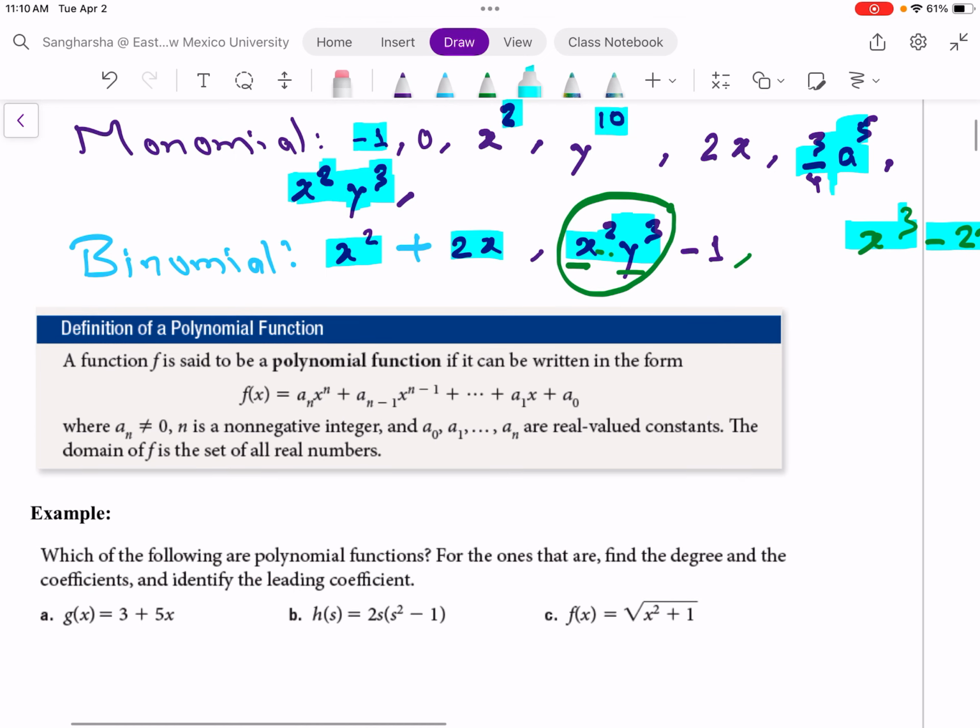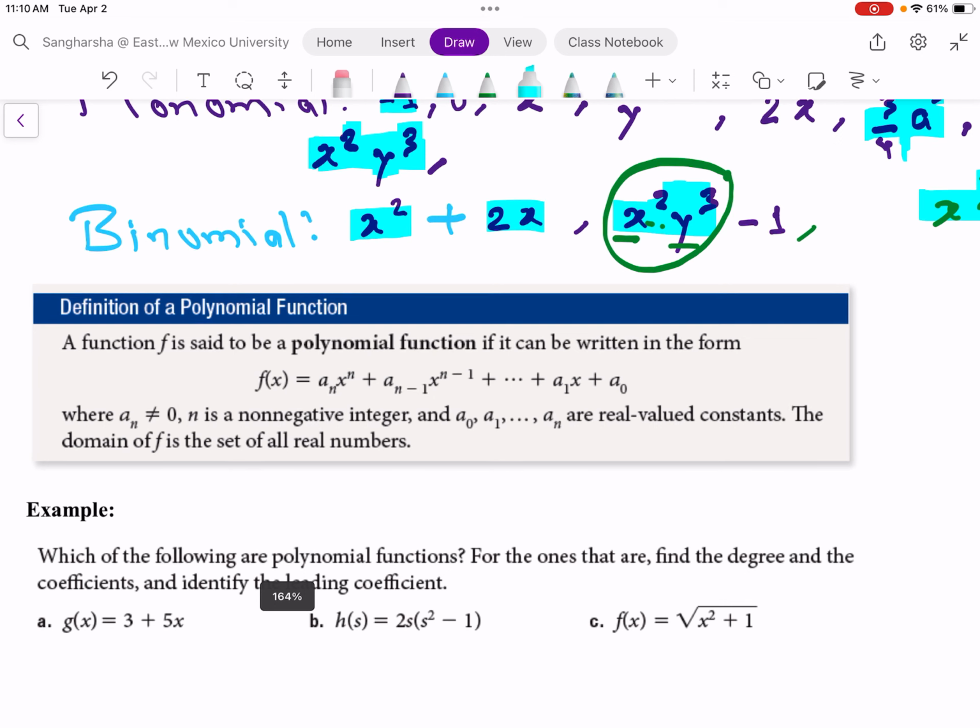Okay. Now here, let's go ahead and define our polynomial function. If we know the polynomial expression, then we can easily define the polynomial function. So let's call f a polynomial function.